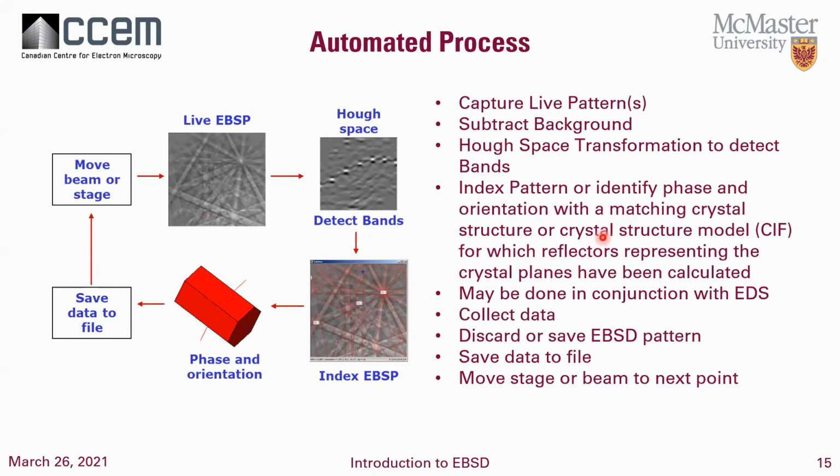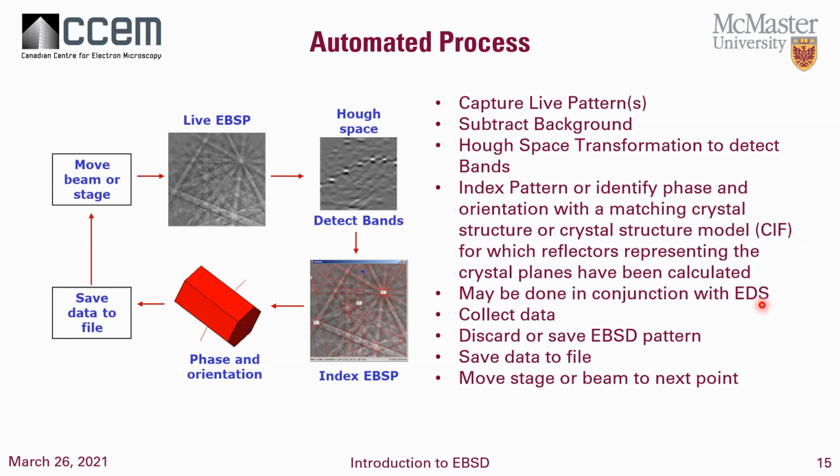We would then index the pattern, or identify the phase and orientation, with a matching crystal structure we may have in a database, or we may use a model for which we've determined some reflectors that represent the crystal planes.